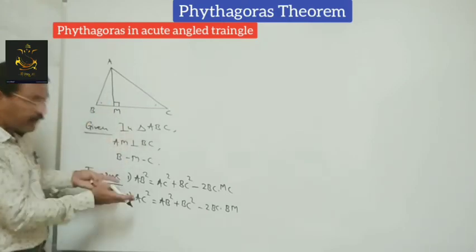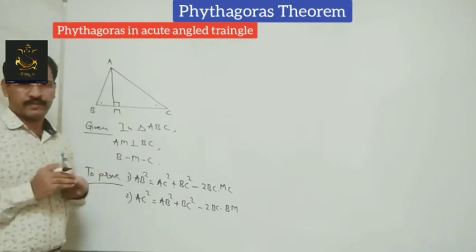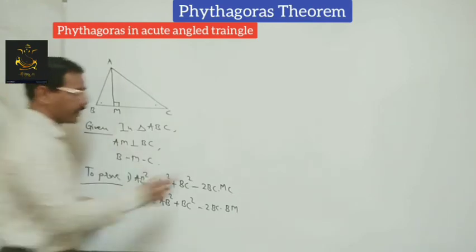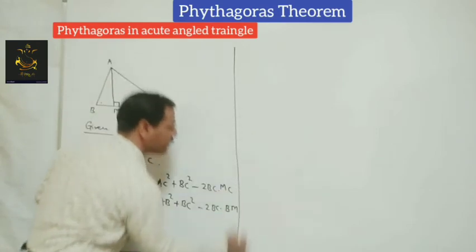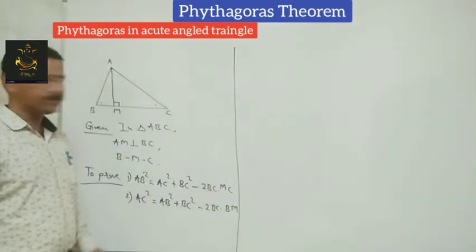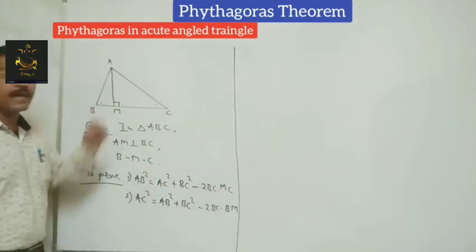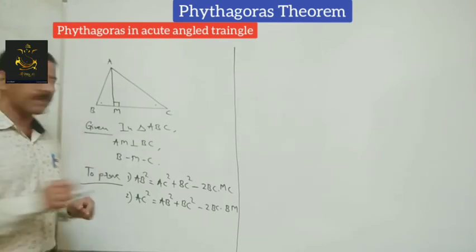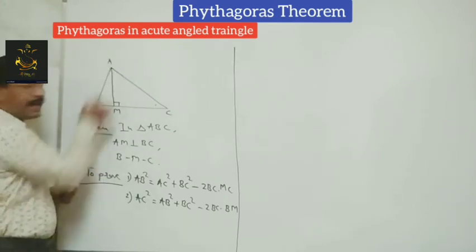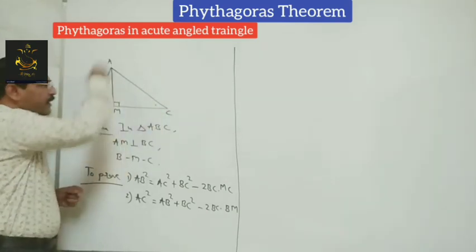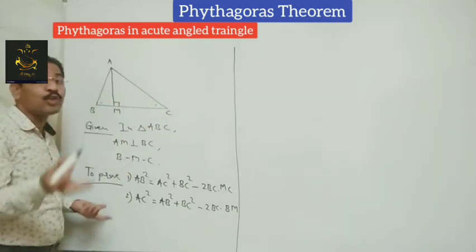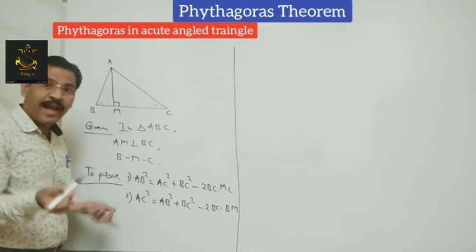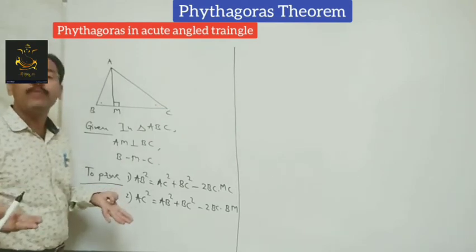Now this part we are going to prove here. Understand? Look at how we can prove it. This is a very important part. If you observe here, there are two triangles which are right angle triangles: AMB and AMC. Actually, the bigger one is triangle ABC, which is not a right angle triangle. As we know, it is an acute angle triangle.